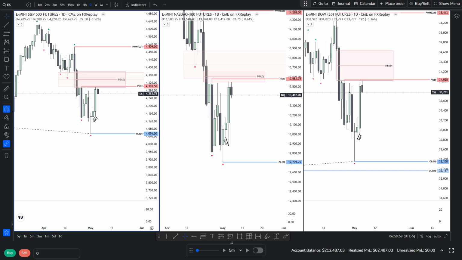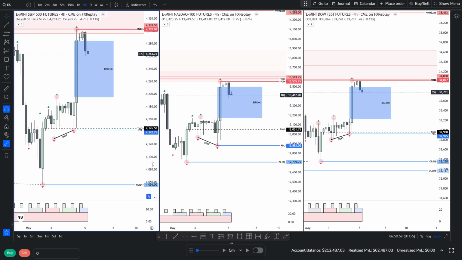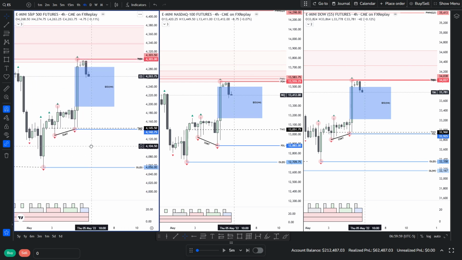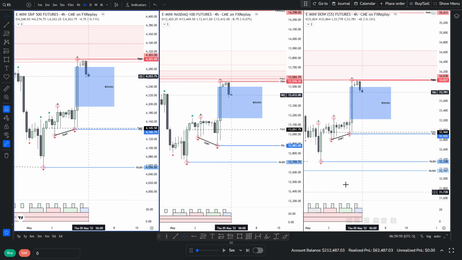Let's drop down to the 4 hour. So obviously we saw this displacement following the news yesterday, supporting higher prices.